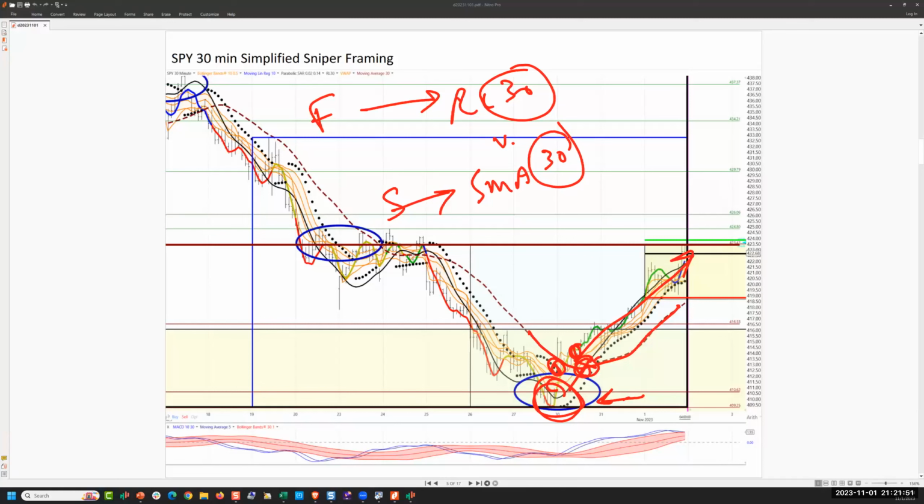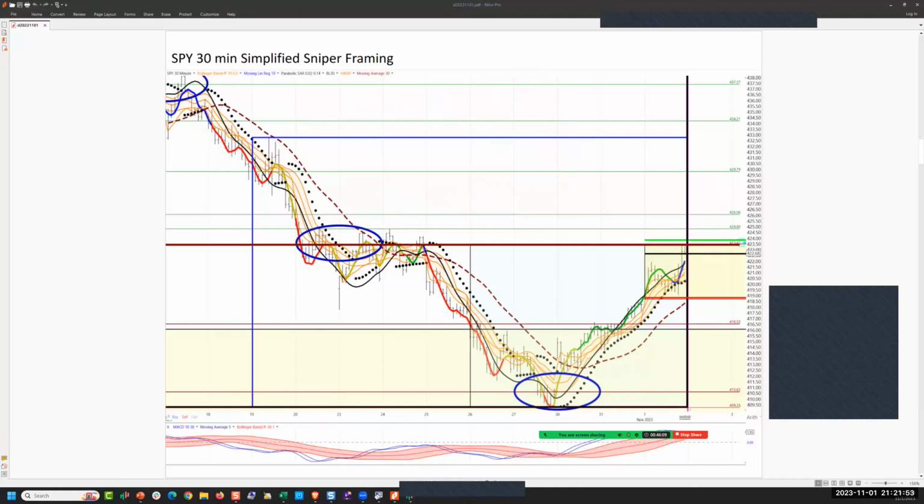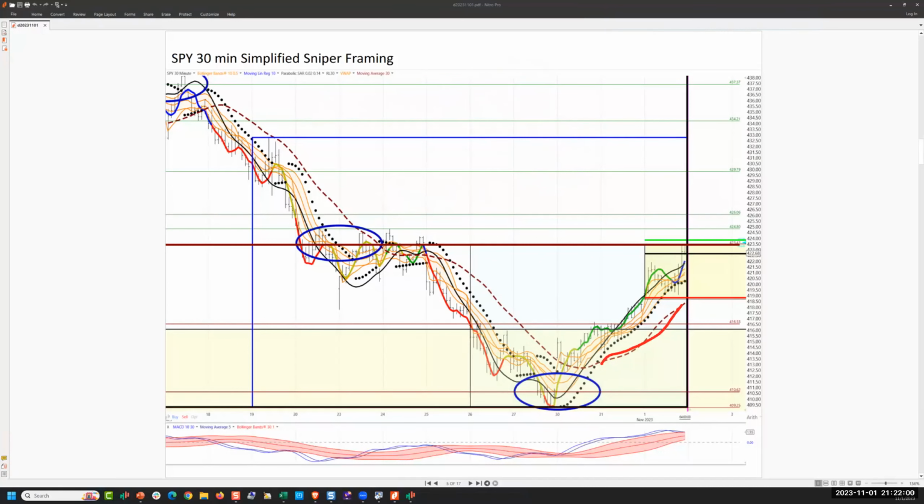Simplified market condition. If the slope of the SMA 30 is positive and the RL30 is north, that's good. If the slope of the SMA 30 is down, that's bad. And then these little reversals are just tactical returns to the mean. That's all they are, until they prove that they can get through.